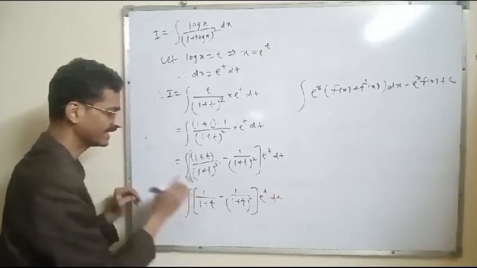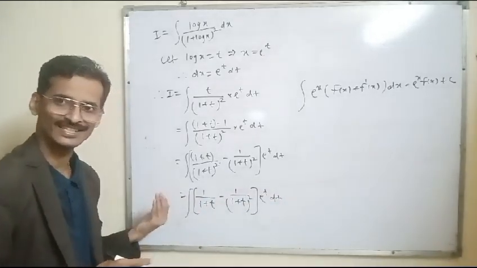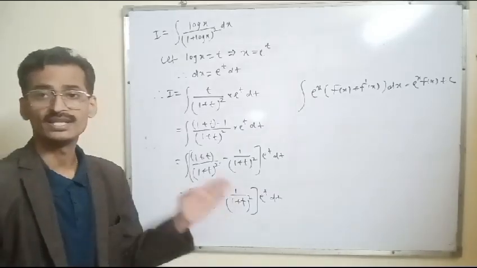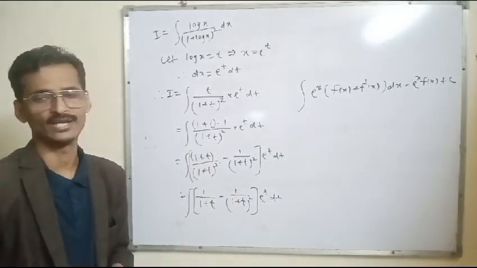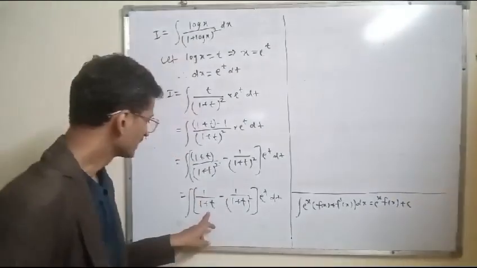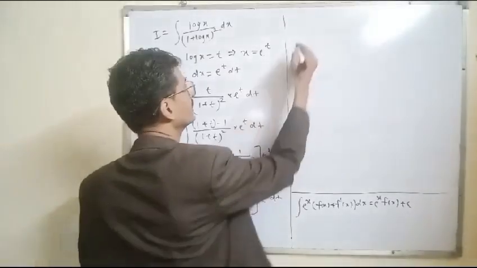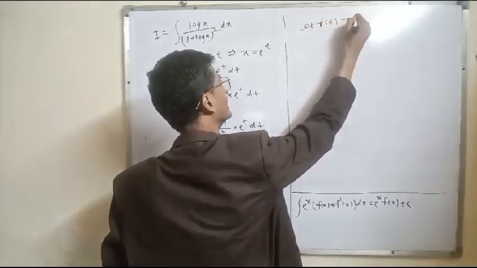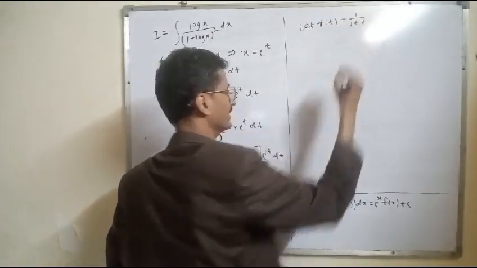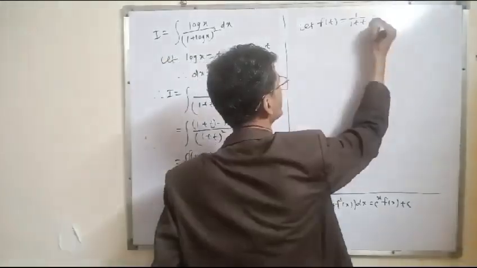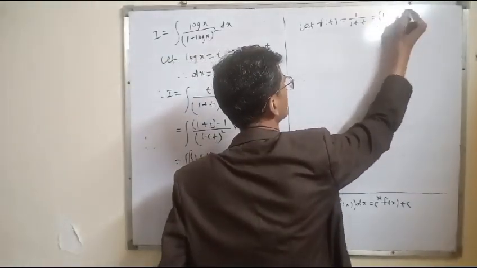e raised to t we can write here first. Don't write it outside the integration because t is there. That is not a constant. Now see which is f of t and which is f dash of t. So suppose this is now f of t. So let f of t be 1 upon 1 plus t. Now differentiate this. 1 upon 1 plus t we can write as 1 plus t raised to what?